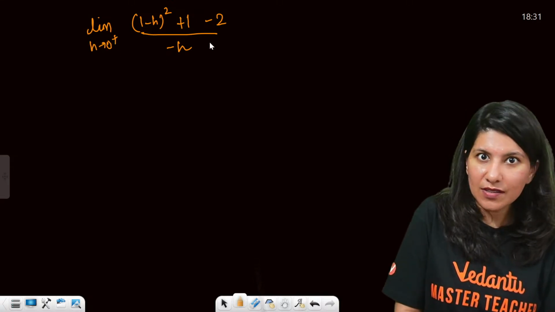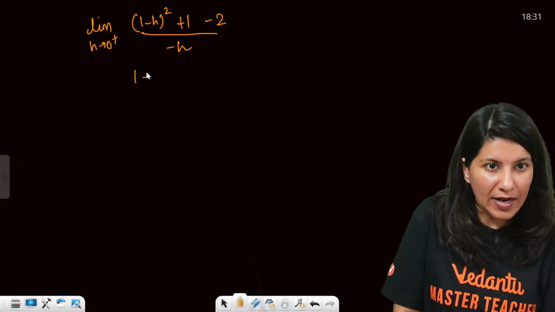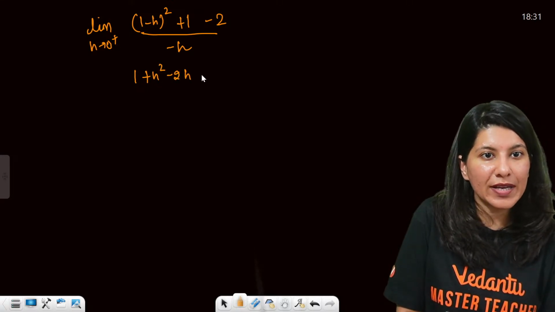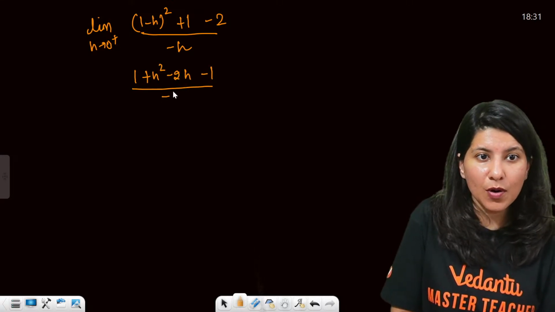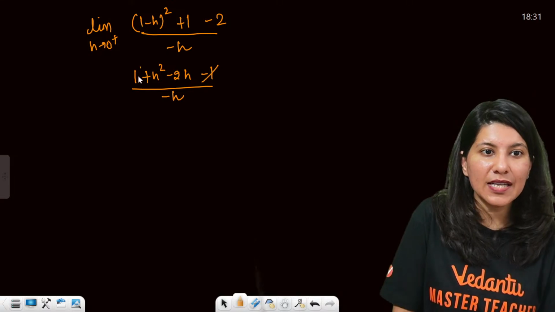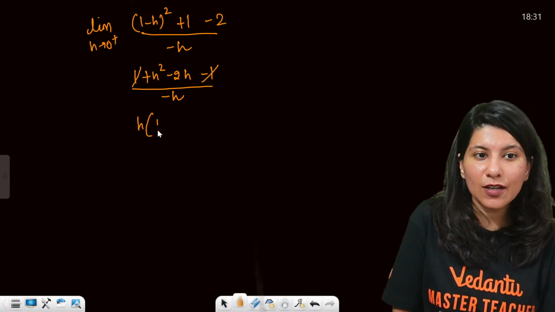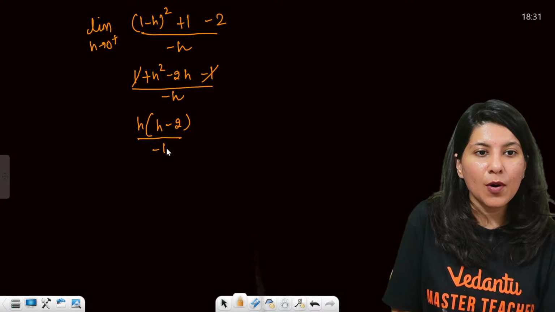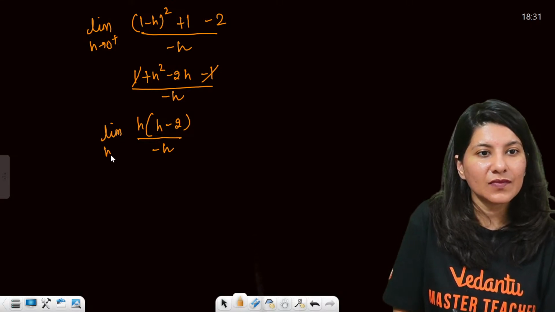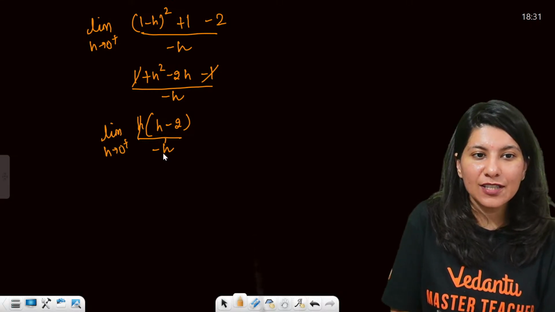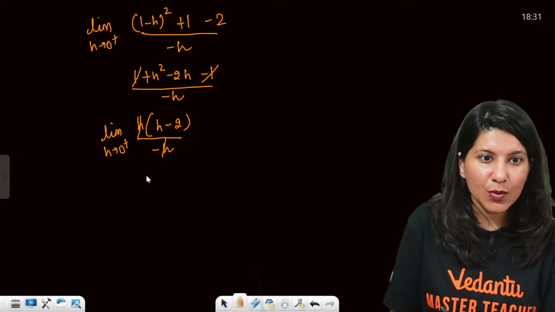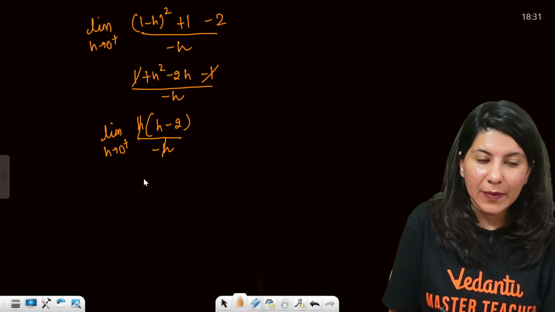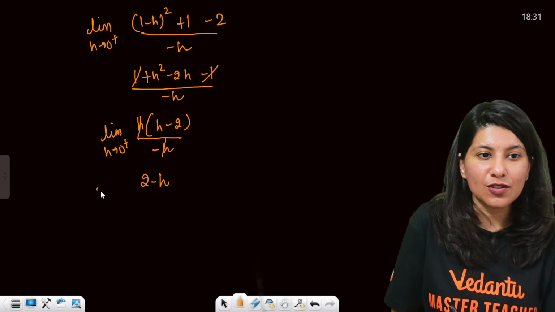Correct? Now just expand it: 1 plus h square minus 2h minus 1 upon minus h. Can you see again 1 cancels? h you can take common, h minus 2 upon minus h, limit h tends to 0 plus. h cancels and now you are having 2 minus h.